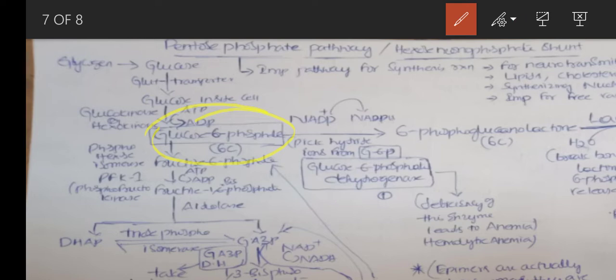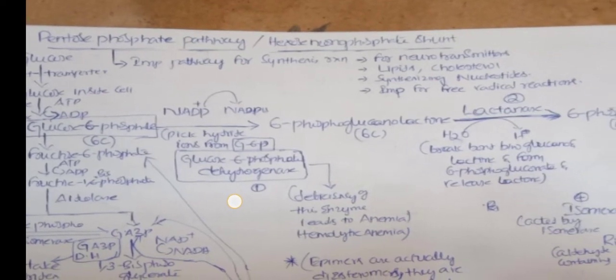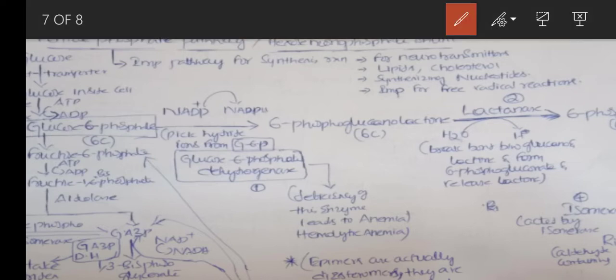From here the hexose monophosphate shunt or pentose phosphate pathway will start. This glucose 6 phosphate will be converted into 6-phosphogluconolactone.